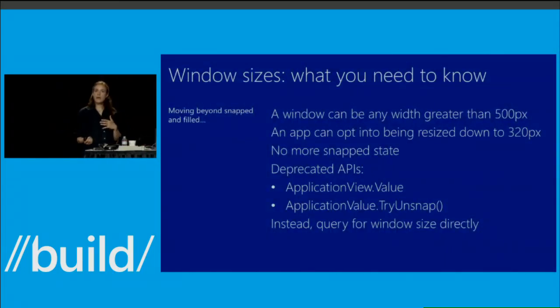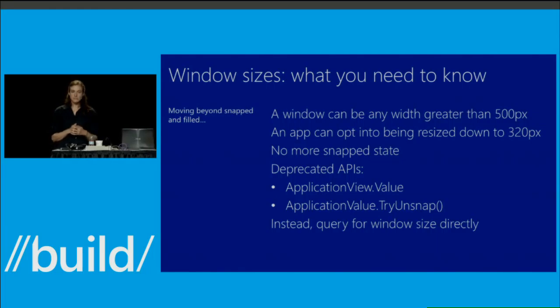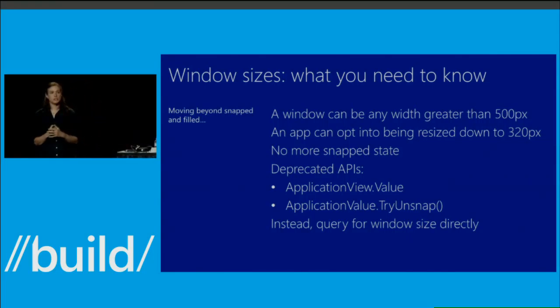So as a developer, how do you use this information? Well, we no longer have snapped state. So along with having snap state gone, we've deprecated those APIs that used to tell you that you were in snap state. And that's application view.value and application view.try-and-snap that we saw in the JavaScript console, warning us that they aren't there anymore.